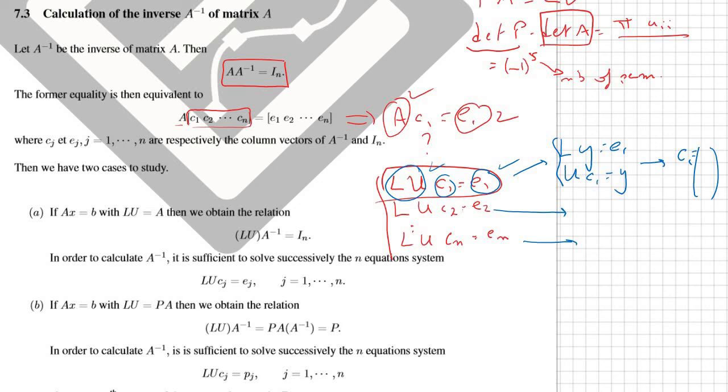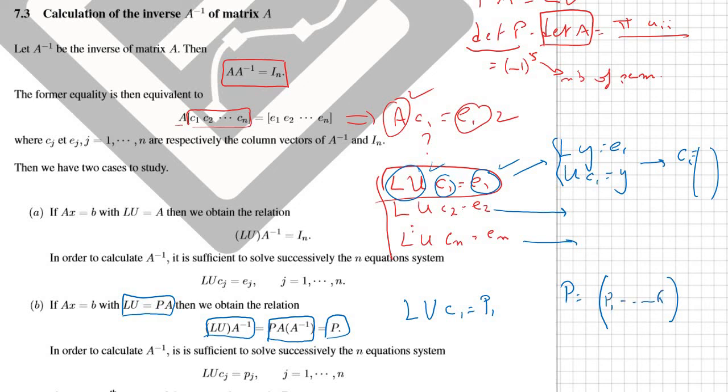Now, if we have the LU decomposition that we obtained by a Gauss reduction method with pivoting, then instead of the identity we have P. I mean, we know that LU is equal to PA, which means that LU times A^-1 is equal to P A A^-1, which is equal to P. So we will do the same calculation by writing LU C1, but instead of being equal to E1, it's equal to the first column of P. So P is given by P1 to Pn.